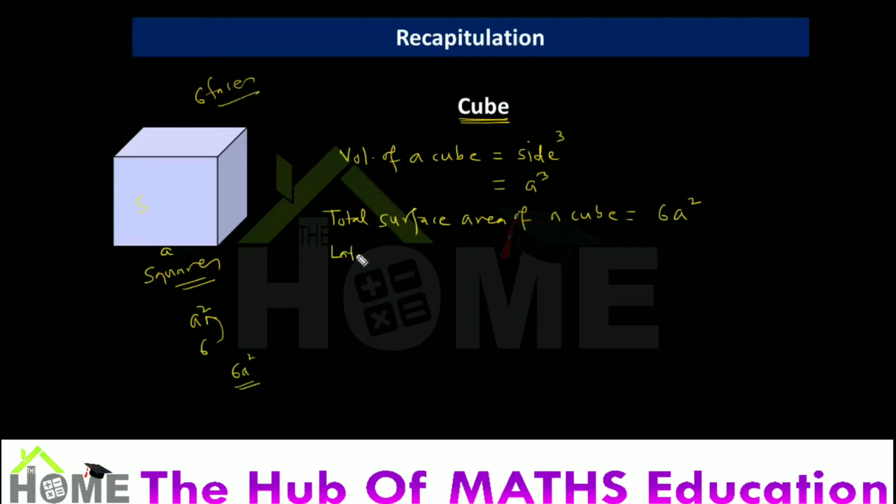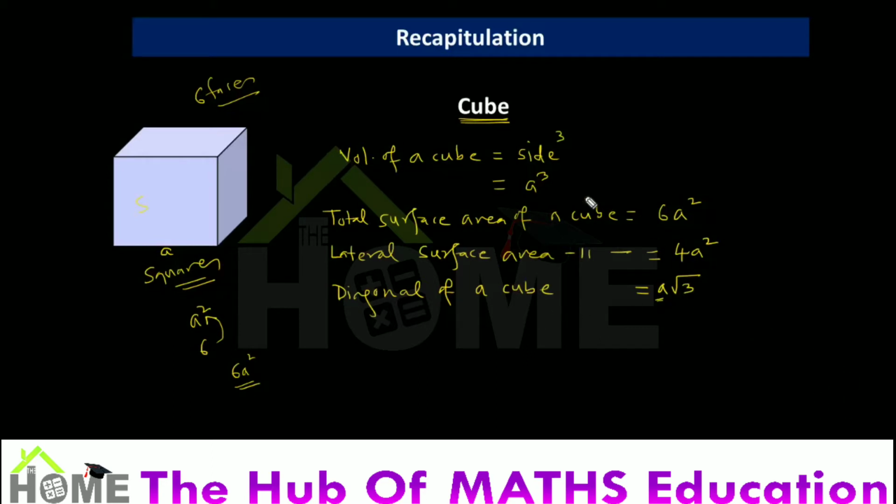Then the lateral surface area of a cube is equal to 4a square, and the diagonal of a cube is equal to a root 3, where a is the side of the cube.